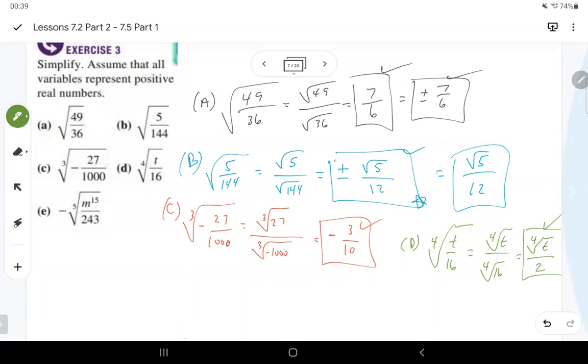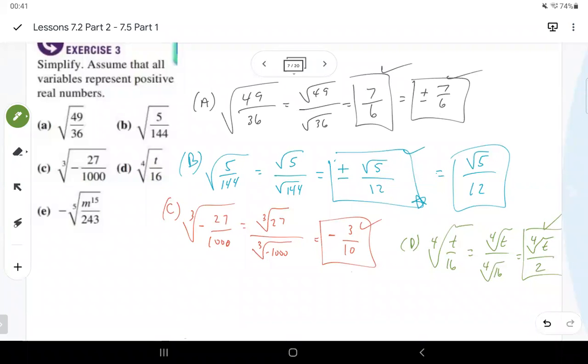I'm fine either way. If you do, just make sure that you know that when it is an even index, you can give the plus or minus. If it is an odd index, you want to stick with just the negative or the positive, depending upon what you were given.